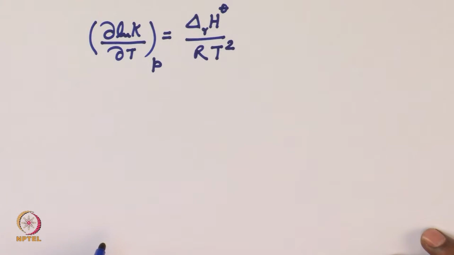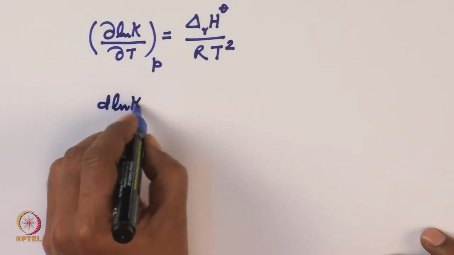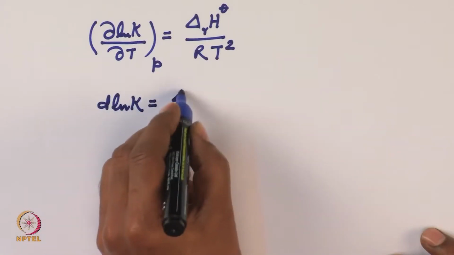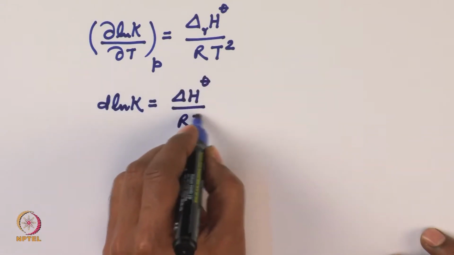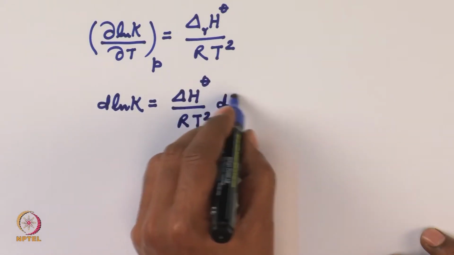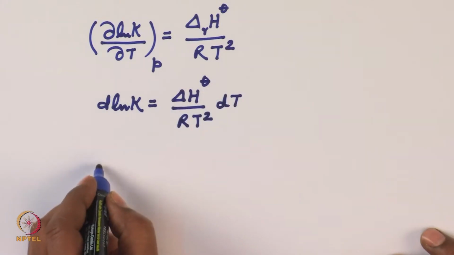And since we have been given information on the temperature dependence of equilibrium constant, and we have been given at least 4 temperatures, what I will do is write this equation in this form: d log k is equal to delta H naught by RT square dT, and perform an integration.